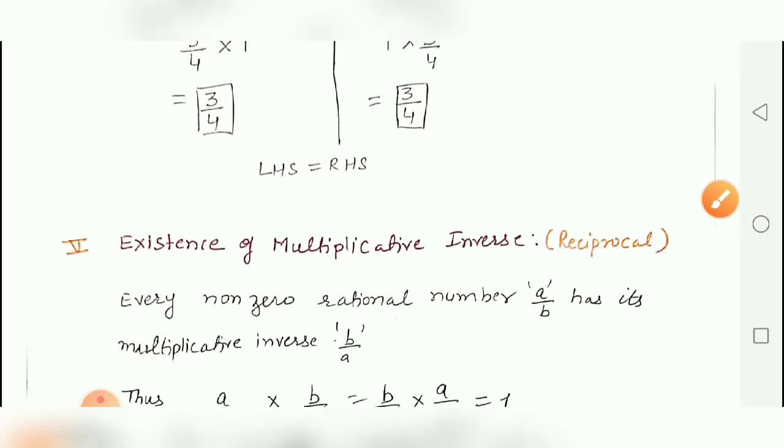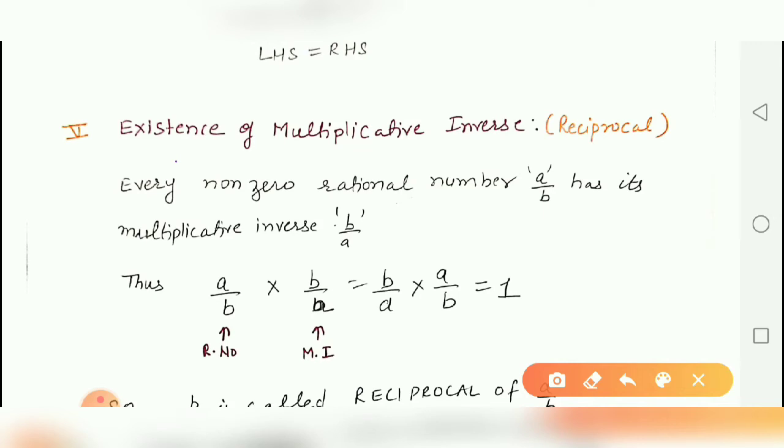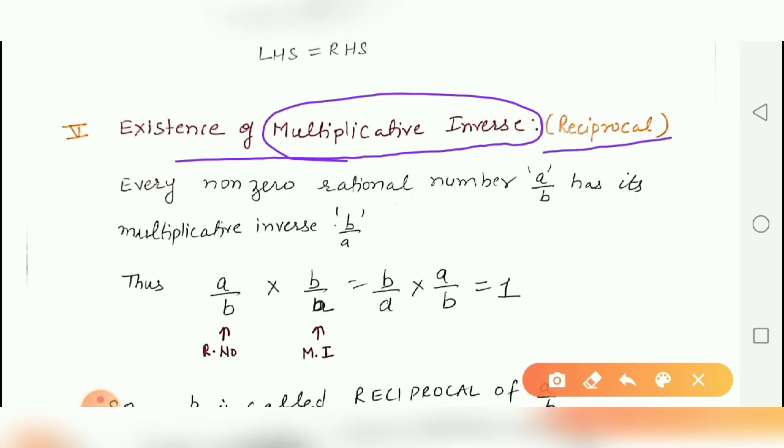Now let us do the next property, that is existence of multiplicative inverse. What is a multiplicative inverse? It is basically a reciprocal of any rational number. So it says that every non-zero rational number, remember always non-zero rational number, as we know 0 is also a rational number, so this is applicable for every non-zero rational number, not for 0.